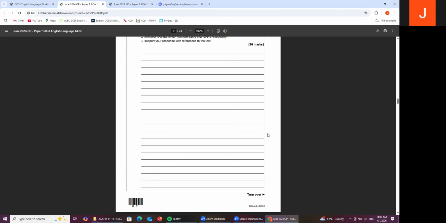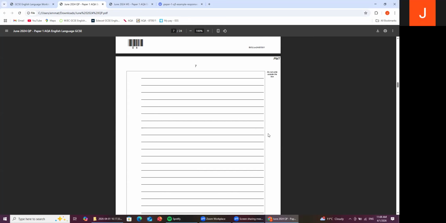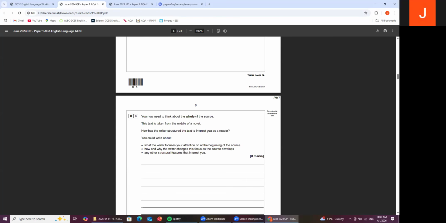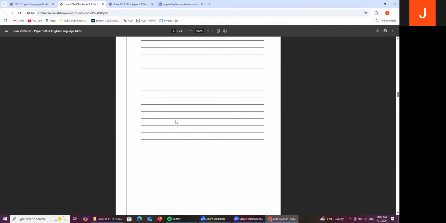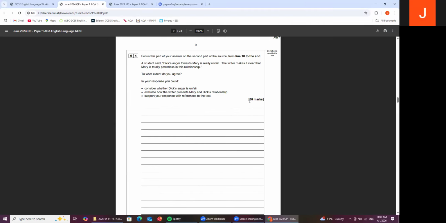Then, because you have to read the whole source for question 3, this is going to help you for the remaining questions. So I would do question 3 second because you have to read the whole thing. So it's going to give you a greater sense of understanding about what's going on. Okay, so question 5, then question 3. Then I would focus on question 4 because that is a 20-mark question.